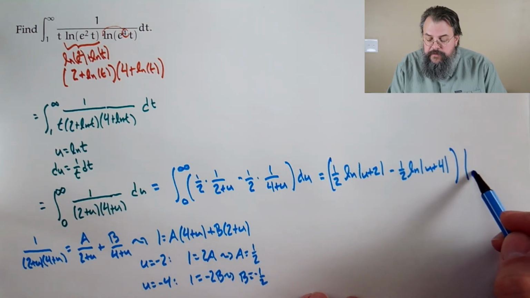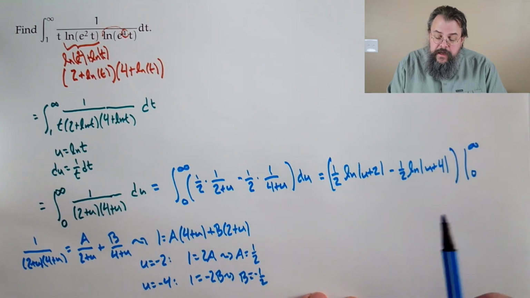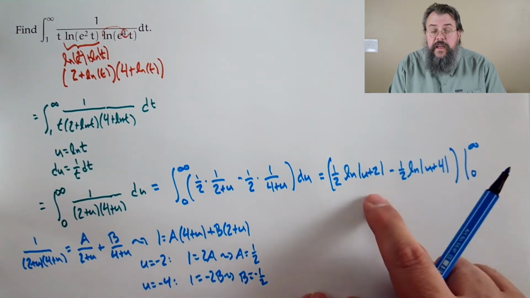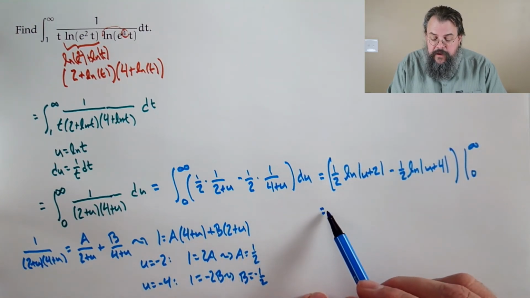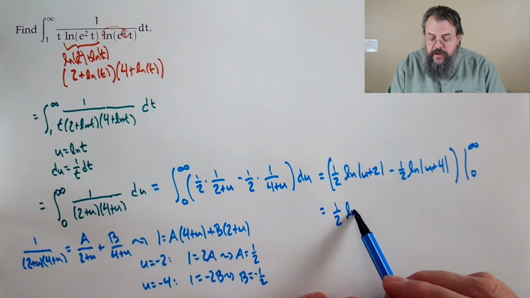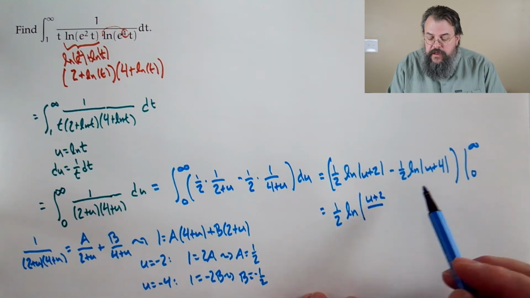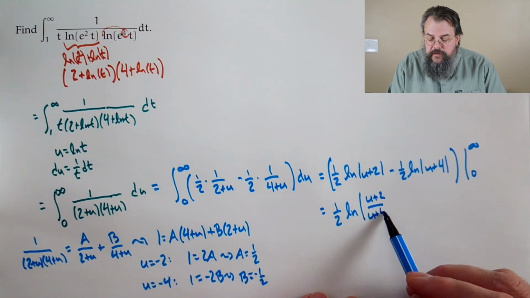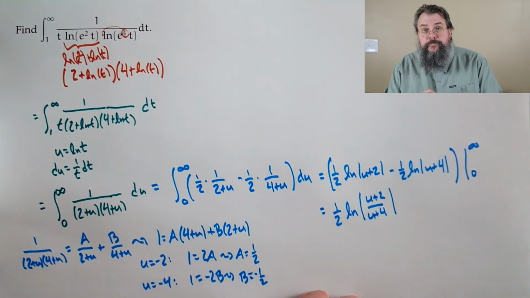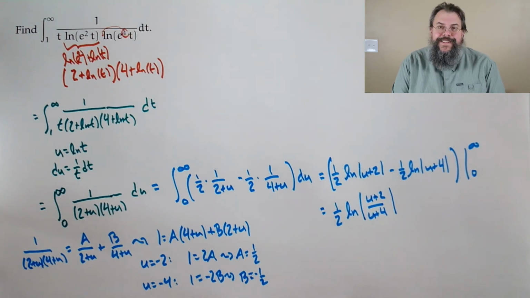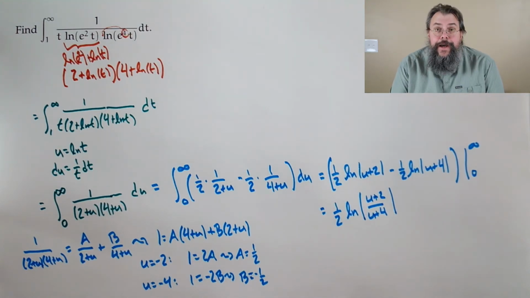And we have to evaluate from 0 to infinity. Now, we can, of course, combine these together. So this is the same as 1/2 natural log of u plus 2 on top, and u plus 4 on the bottom. Right? Yes, it is. All right, great.